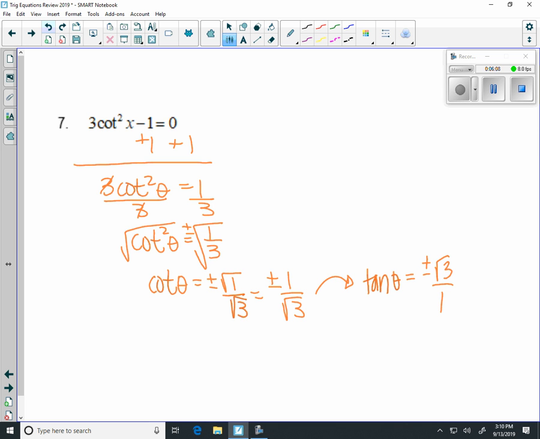So tangent is square root of 3 at all of our thirds, and here for this problem we have plus or minus, so we really need all of our thirds. So our first quadrant third is pi over 3, our second quadrant third is 2 pi over 3, in the third quadrant it's 4 pi over 3, and then in the fourth it's 5 pi over 3.